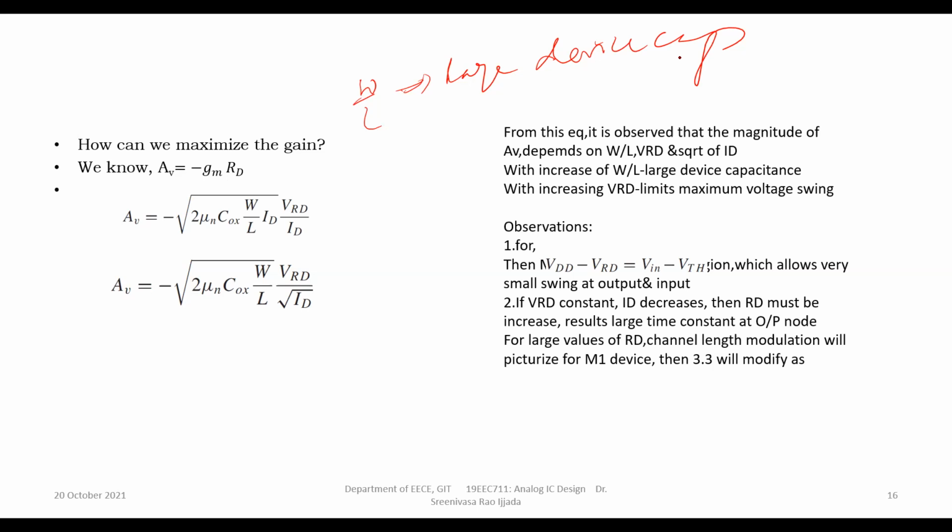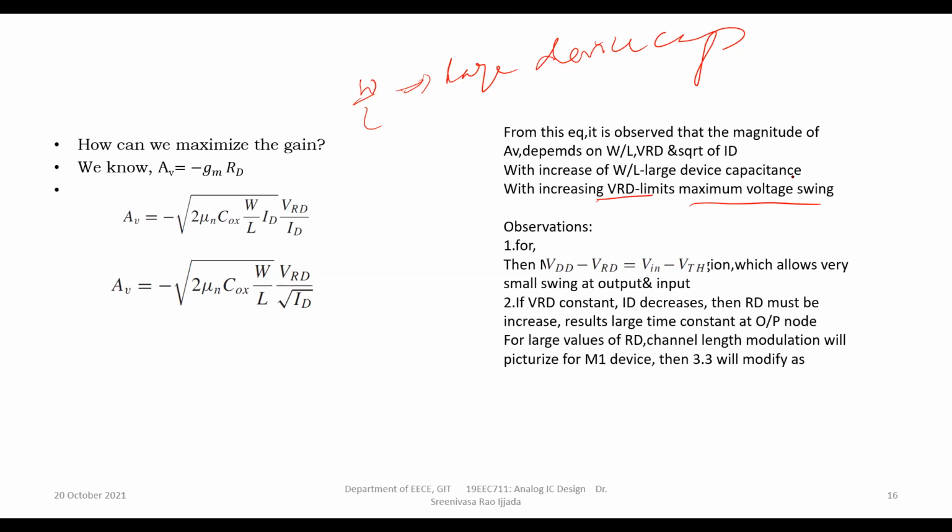Next, increasing VRD, the voltage across RD, limits the maximum voltage. It will limit a certain maximum voltage value.